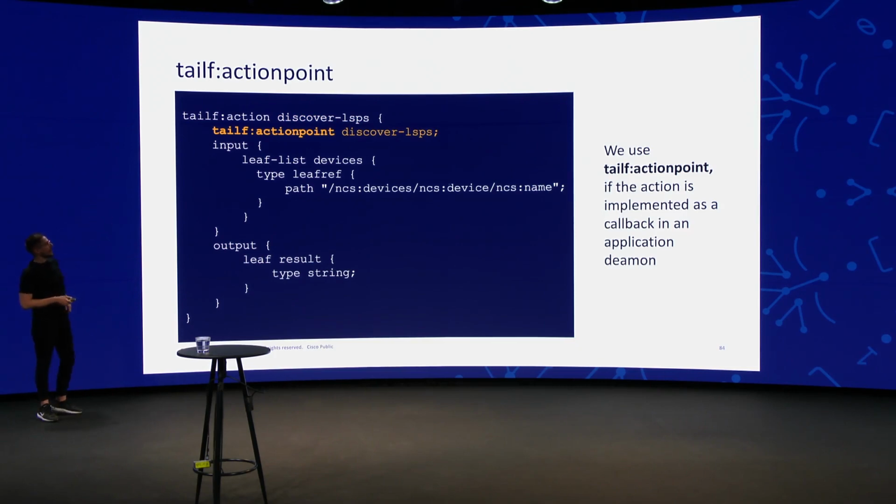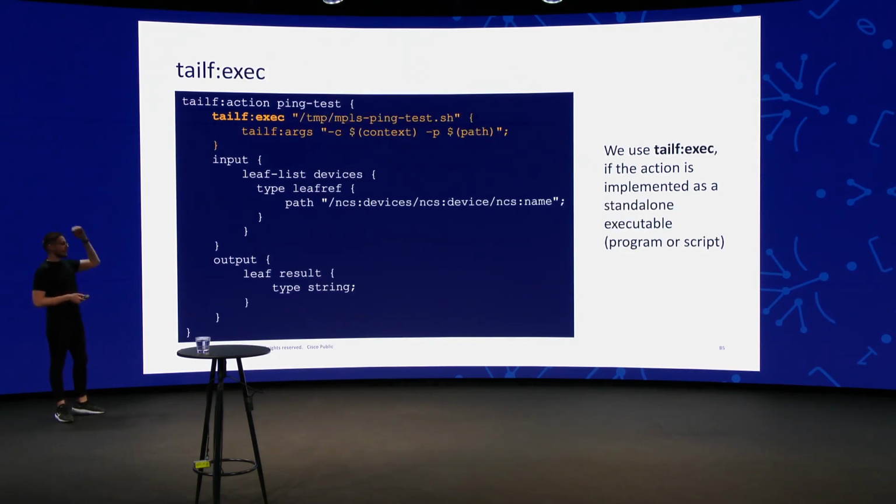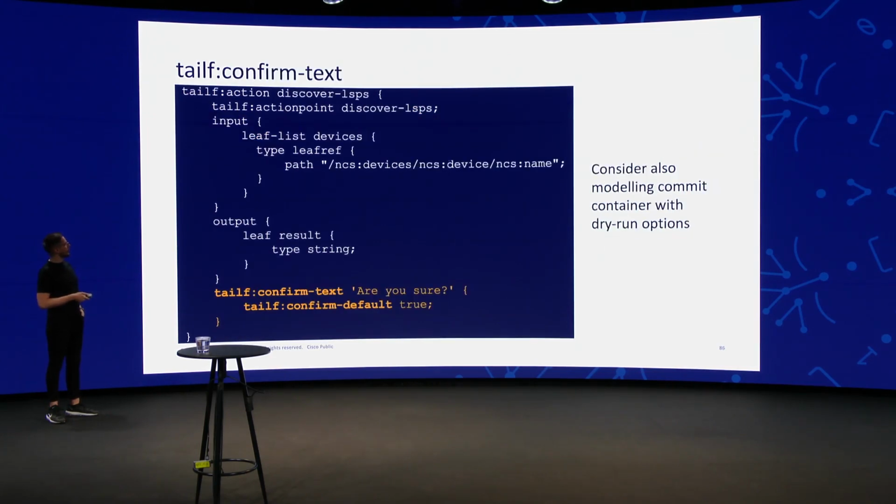Again, this is just an action point, so as I was saying, we need to somehow tie this with our callback that we have in the Python language, where we'll just provide our logic further. We can also have a standalone executable program or script, not really necessarily developed inside of the service package.